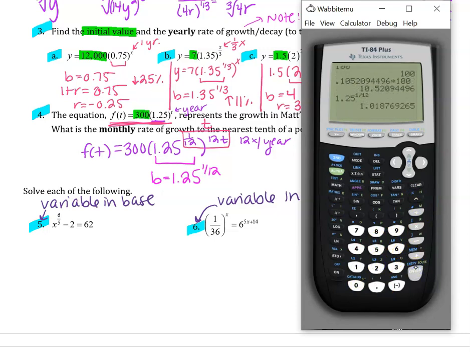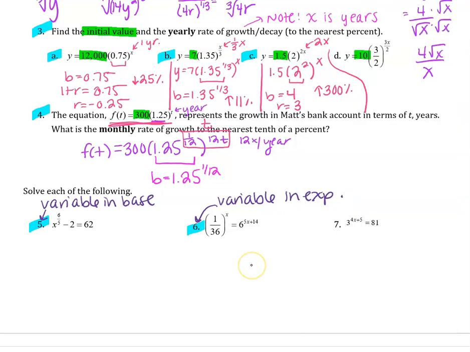Okay, so that's my growth factor. I subtract 1. That's my rate, times 100. Okay, so to the nearest tenth of a percent, we're talking 1.9% per month. And again, it's per month because I readjusted it to be a 12t on the outside.